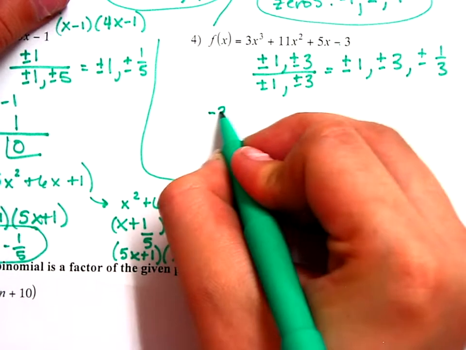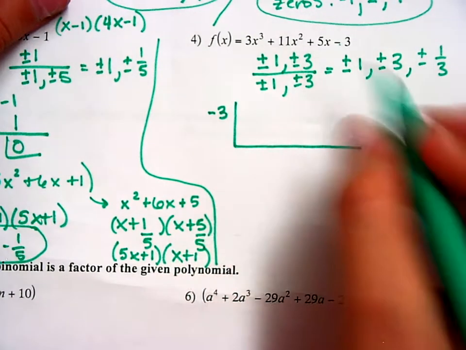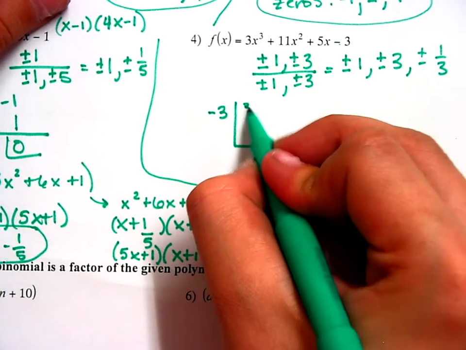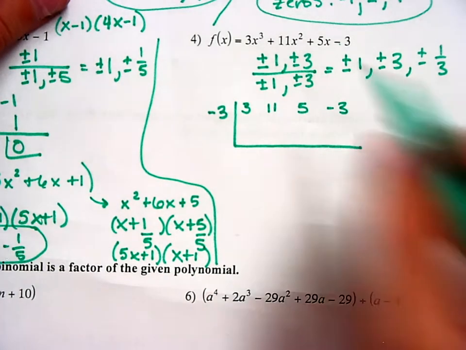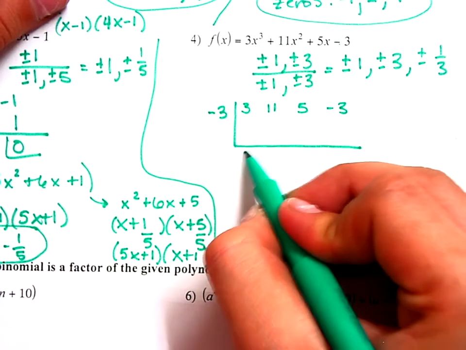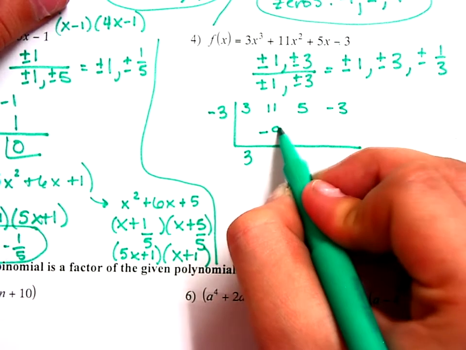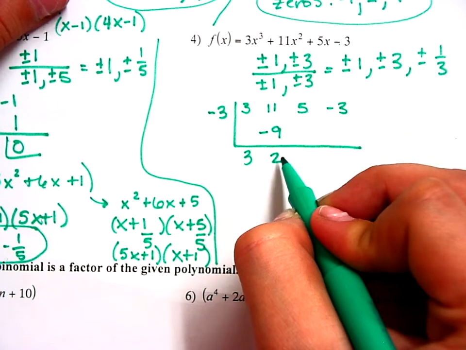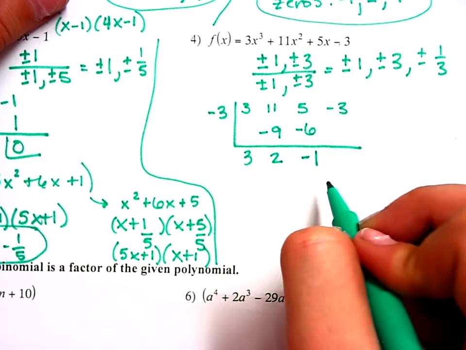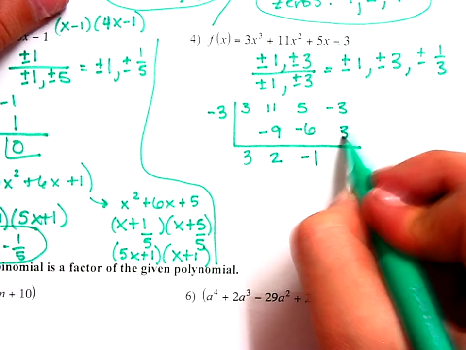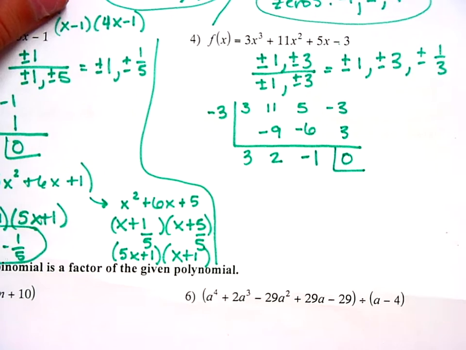Let's try -3. Okay, so -3, let's write our coefficients, 3, 11, 5, and -3. Let's use our synthetic division, so bring the 3 down, multiply, and add, multiply, and add, multiply, and add. Okay, so I knew ahead of time that was a factor, that's why I tried that one.